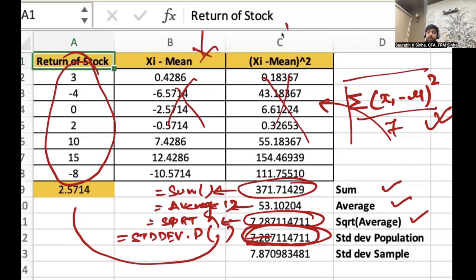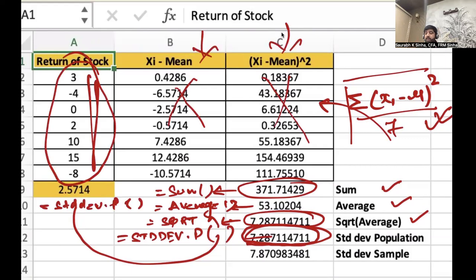You don't need those steps. In Excel, you can directly use STDEV.P, give it this series, and you will get the standard deviation of the population.